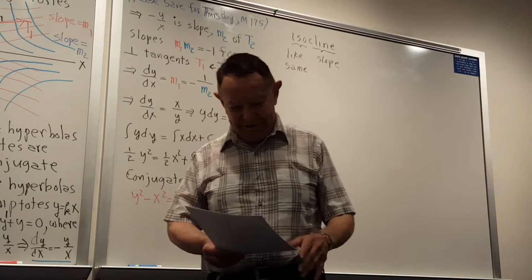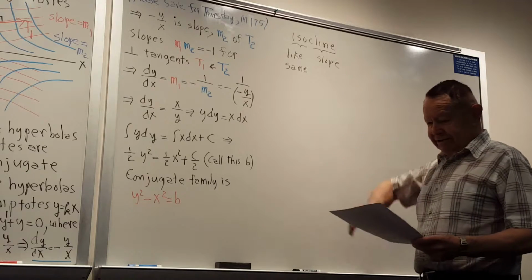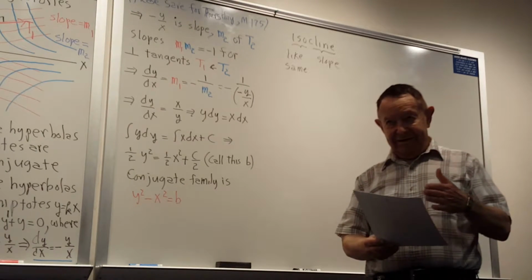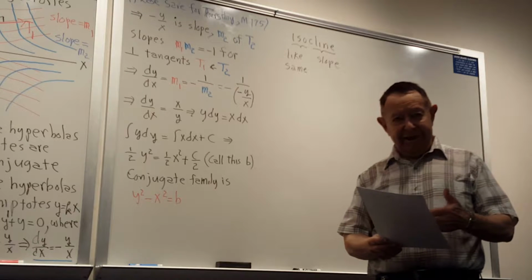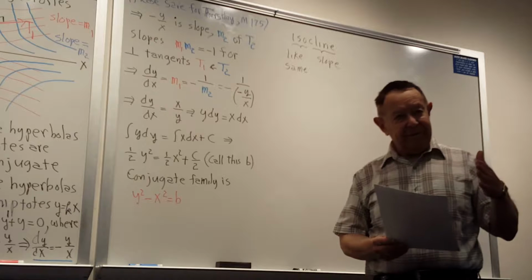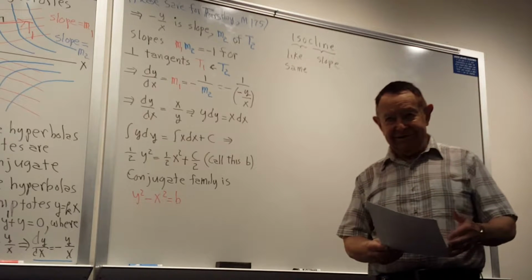So iso means like. So isoclines then have like slope. And you see your first derivative, which we're talking about, first order differential equations, your first derivative gives you the slope. That's what it is, isn't it?